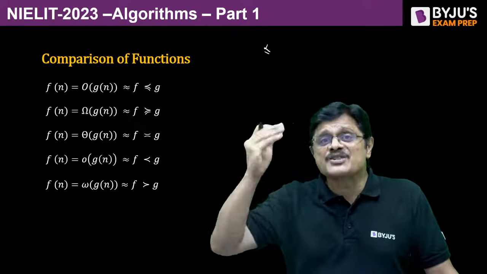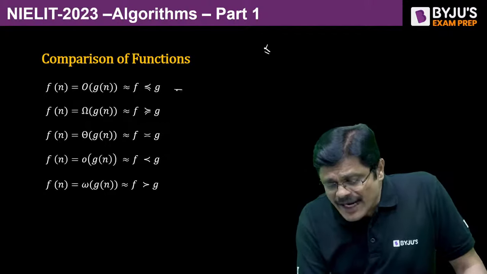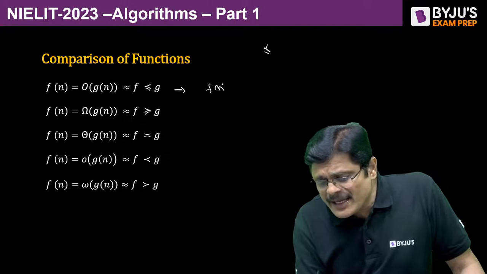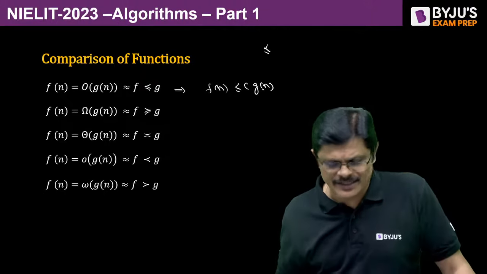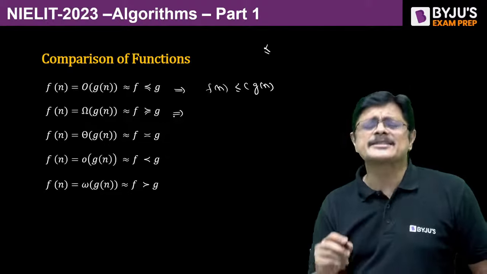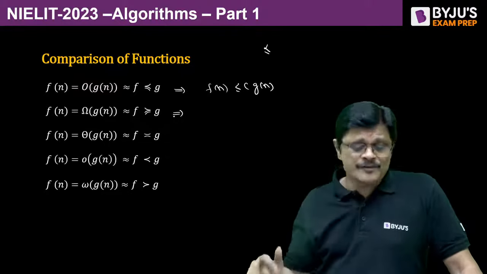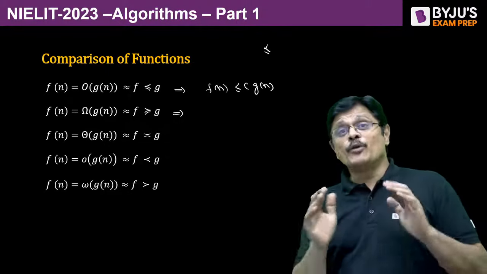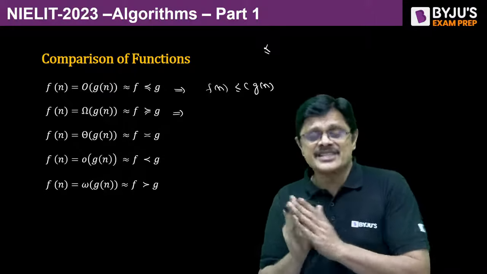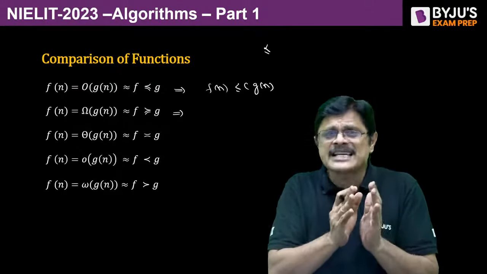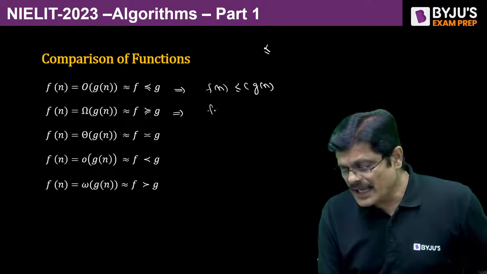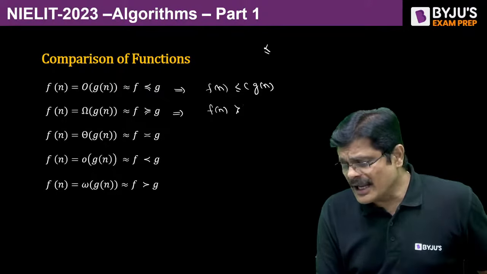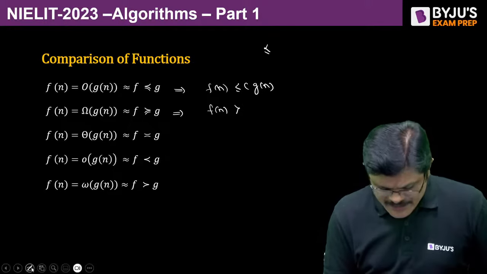That is, for large values of n, F(n) will be less than or equal to some constant times G(n). That is the meaning of it. Similarly, when you say F(n) is big omega of G(n), it means F is larger than G(n). That is, F(n) is having G(n) as its lower bound. F(n) is larger than what?